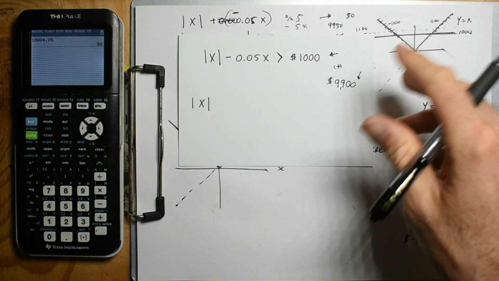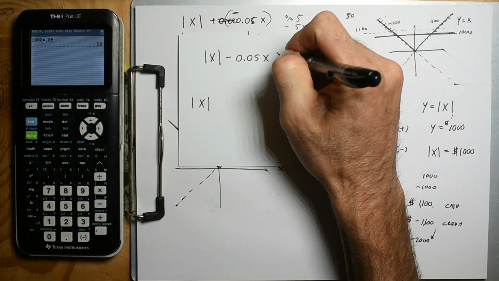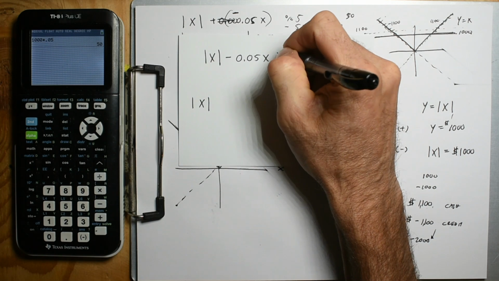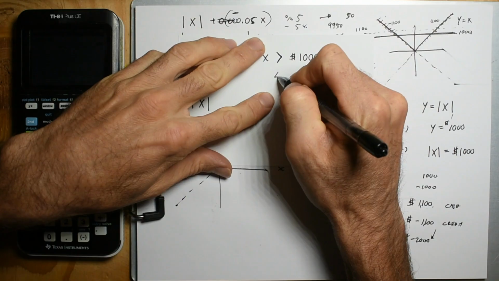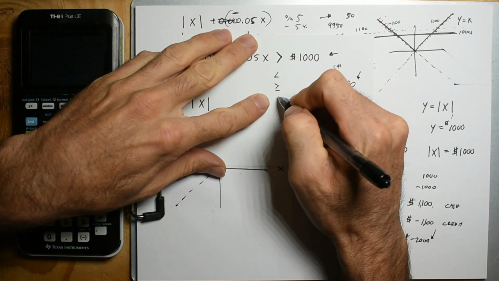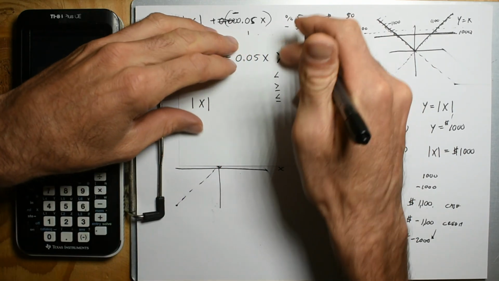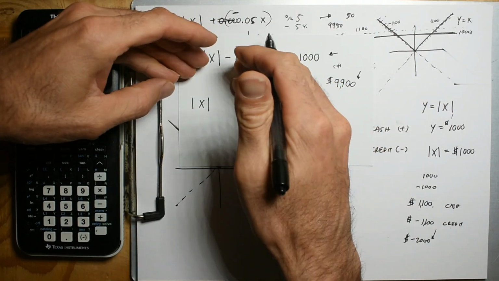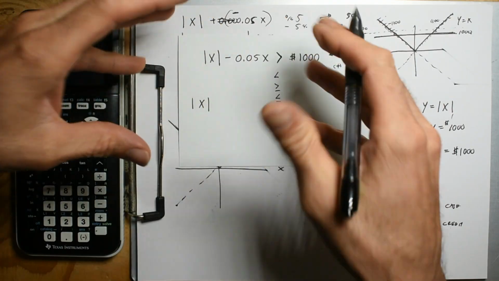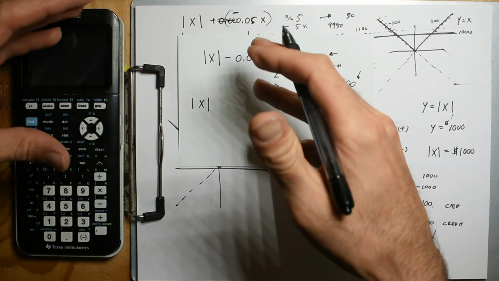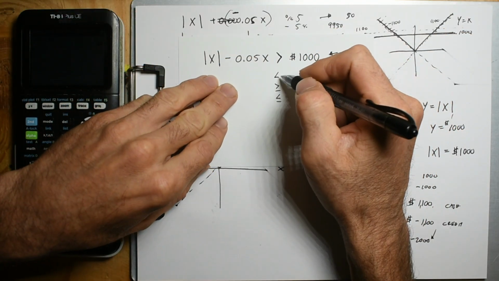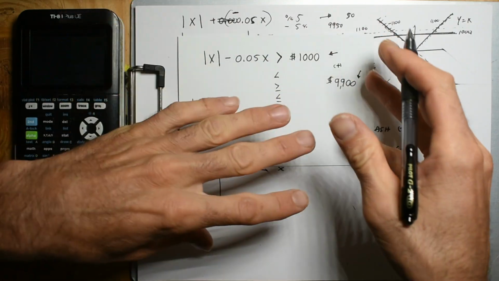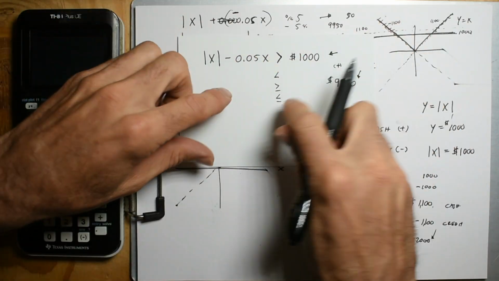Now this is where I had to look these up: the rules for the inequality sign, whether greater than, less than, or the or-equal versions. If I add or subtract the same thing on both sides to move things around, the sign doesn't change. If I multiply or divide by positive numbers, the sign doesn't change.